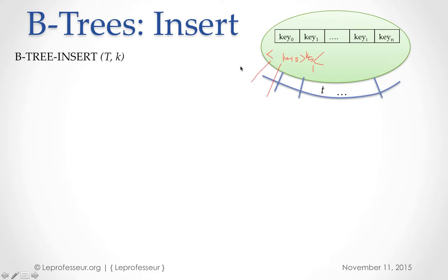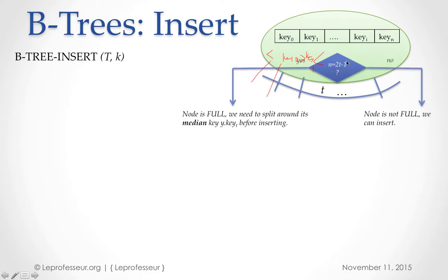Now we have an interesting case: if the number of keys n is equal to 2t minus 1. 2t minus 1 is the maximum number of keys this node can have.